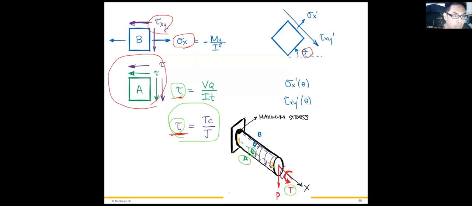So we can put a prime notation on it, meaning the second coordinate. When we rotate the specific angle, we will reach the principal stresses, right? From the previous slide, we already mentioned that. When you rotate the angle, element A or B will reach the principal stresses.